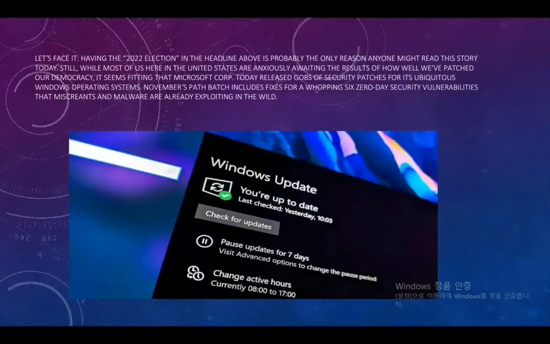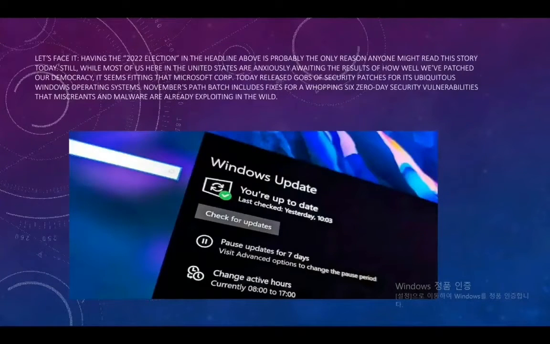Still, while most of us here in the United States are anxiously awaiting the results of how well we've patched our democracy, Microsoft is fixing its own flaws. Microsoft released a batch of security patches for its ubiquitous Windows operating systems.